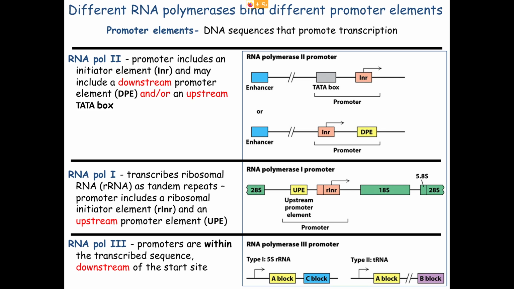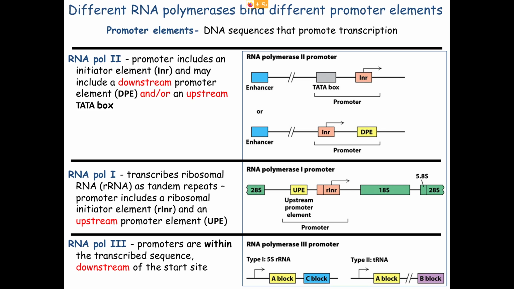Unfortunately, these were named RNA polymerase 3 type 1 promoter and RNA polymerase 3 type 2, which is insanely confusing. So instead, I just want you to remember RNA polymerase 1 always uses upstream promoter elements. You don't have to memorize all the alphabet soup of acronyms here. So RNA polymerase type 1 uses information that is upstream of where it starts.